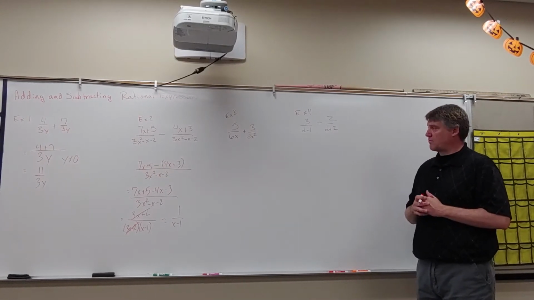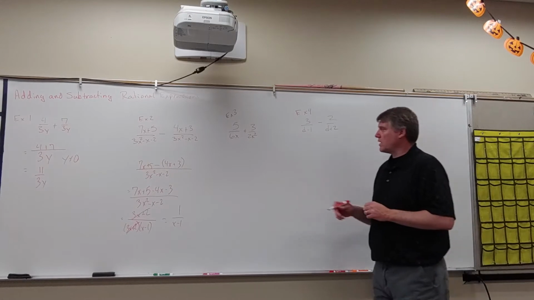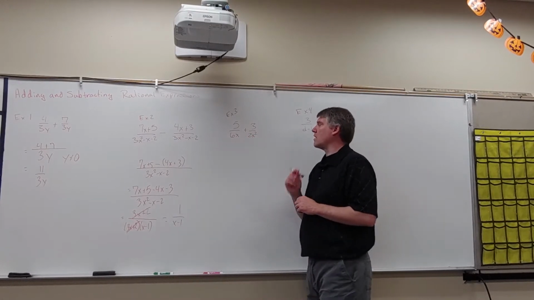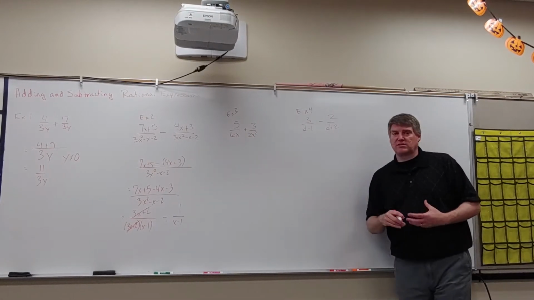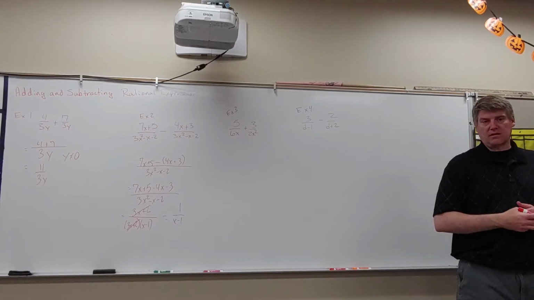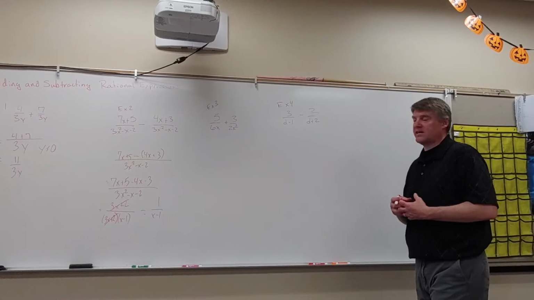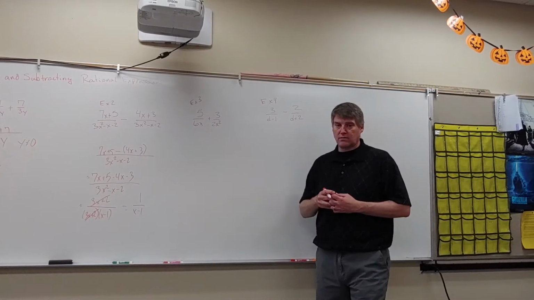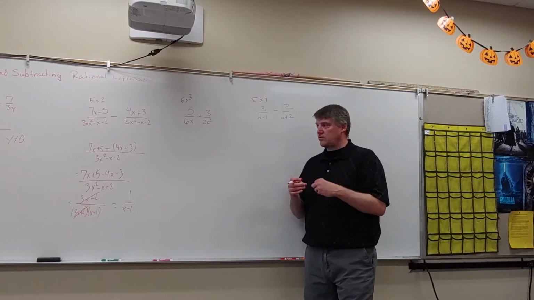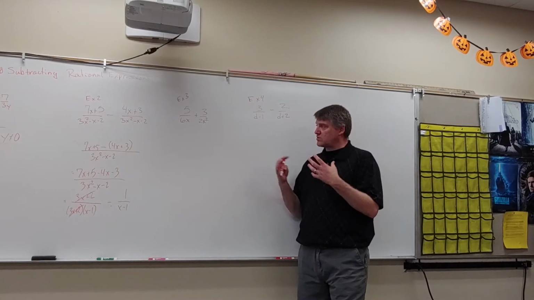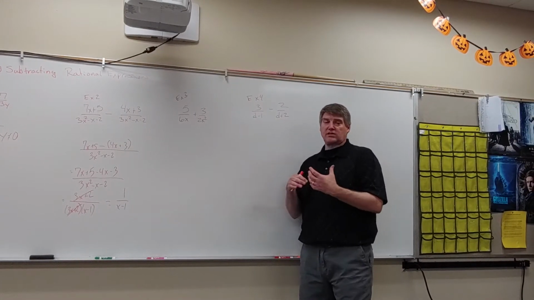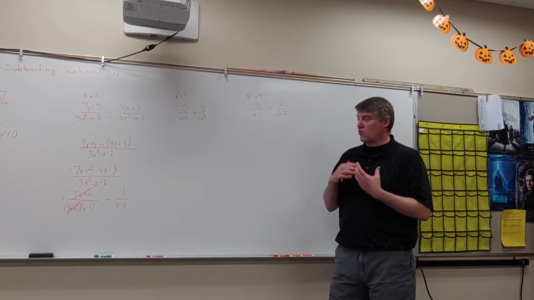Getting that common denominator. So in example 3 here, we have two denominators that are not like each other. I have 6x and I have 2x squared. I have to get them to be a common denominator, okay? So the way I do that in this first part, when I'm just dealing with a monomial, is I look at the coefficient first.